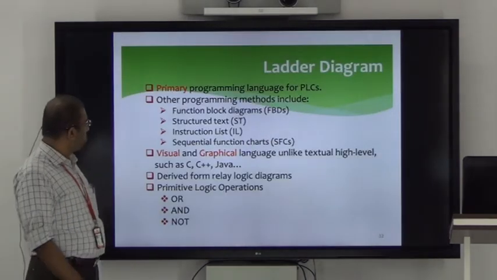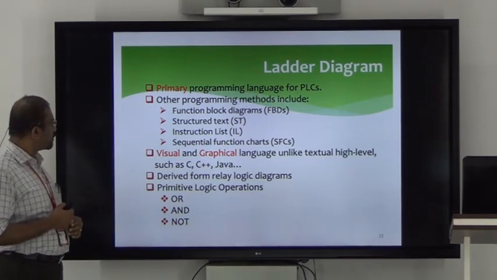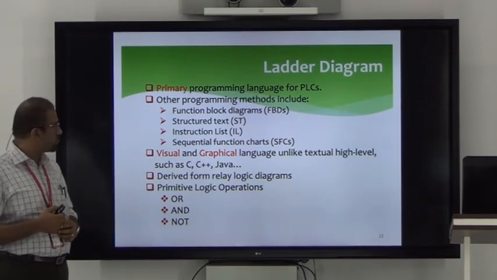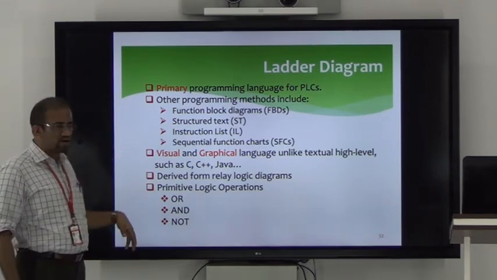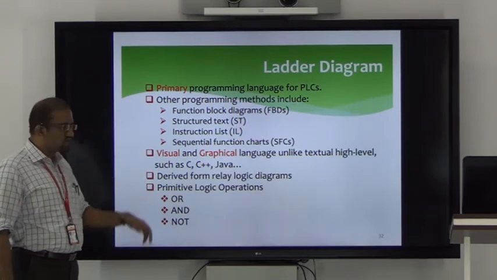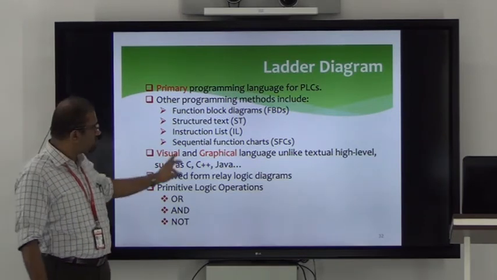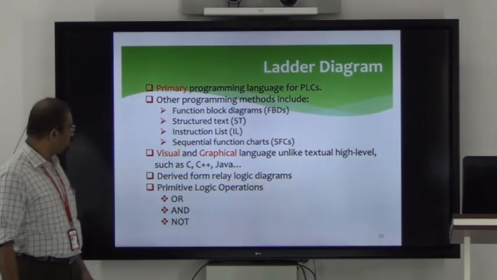Now, what is basically a ladder diagram? It is one of the primary programming languages of PLC. The other programming languages are functional block diagram, structured text, instruction list, sequential function charts, etc. But the easiest one is the ladder diagram.